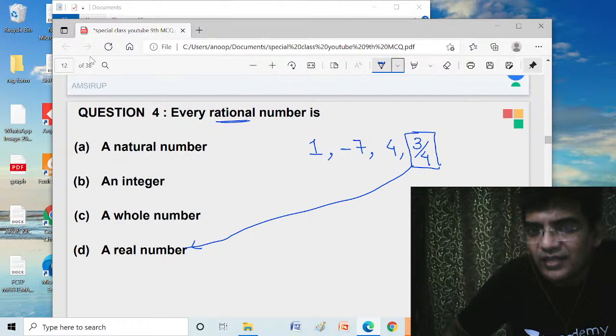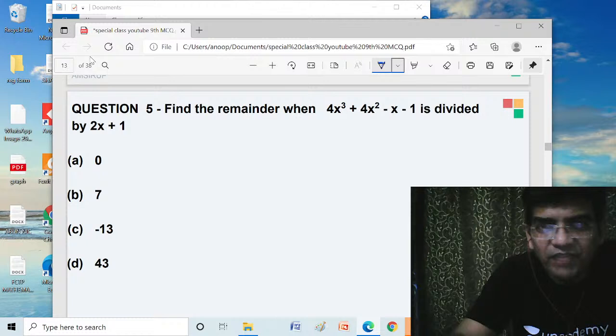Now here find the remainder. We have to find the remainder when 4x cube plus 4x square minus x minus 1 is divided by 2x plus 1. Now just think over it. Can anybody comment on this?